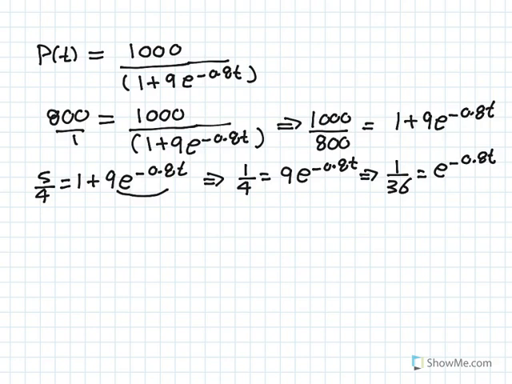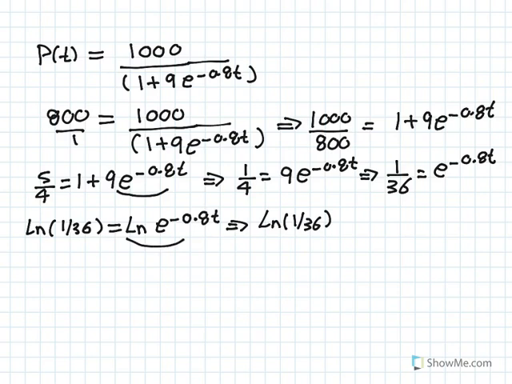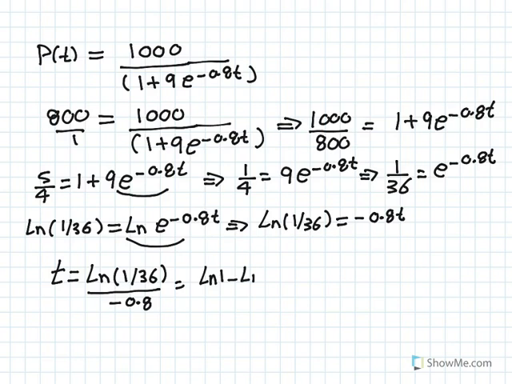So now let's take the log of both sides so we can solve for t. Taking the log of both sides, we get log of 1 over 36 is equal to log of e to the minus 0.8t. The log cancels the e, and we get minus 0.8t. Solving for t, we get t is equal to log of 1 over 36 divided by negative 0.8. Now, if we apply the log rules, in the numerator, we get log 1 minus log 36.